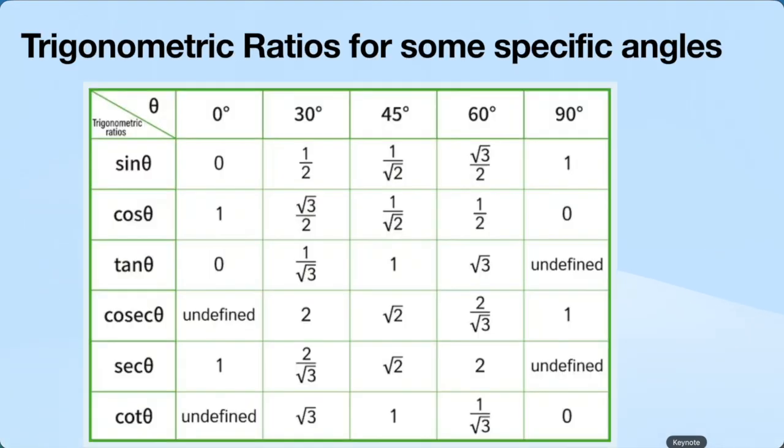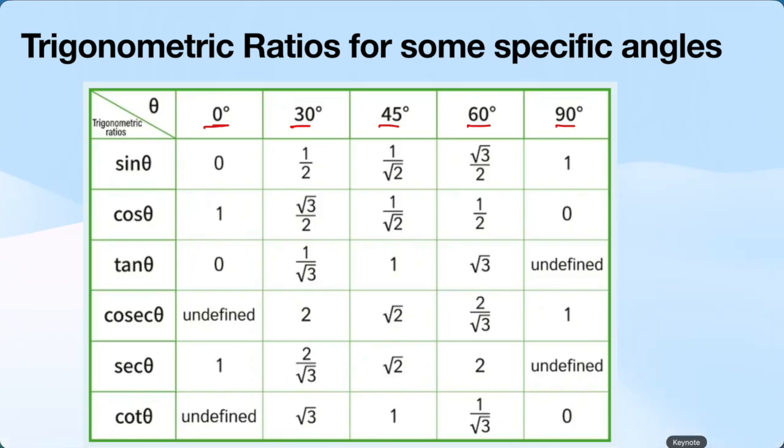Now, there are various trigonometric ratios which we should remember for some specific angles. We have to learn them directly. Don't you worry, we will learn this whole chart using a very simple trick. We have to learn for sine 0, 30, 45, 60 and 90.